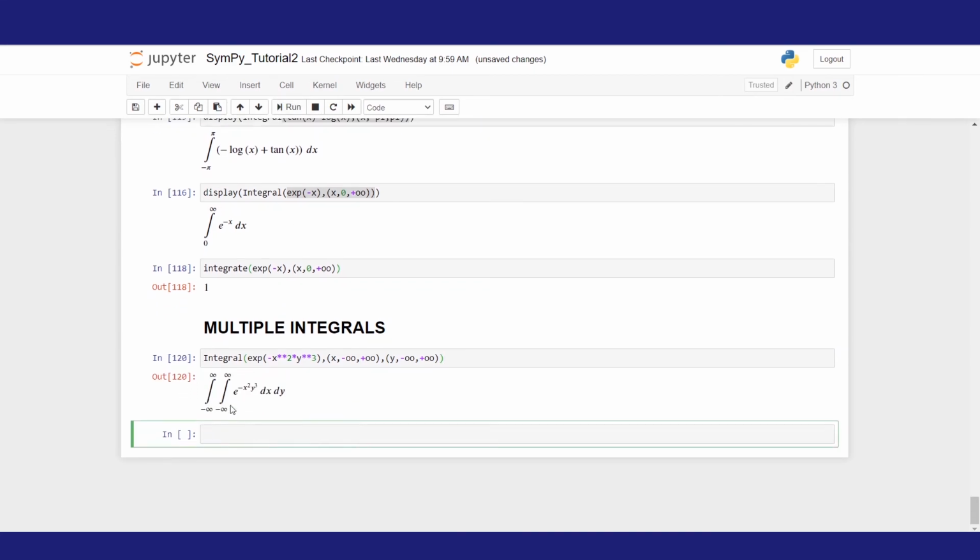Let's try to display this and see how it would look. It would look like this, integrating from minus infinity to positive infinity of this and that, dx dy. Okay, so the outer integral is for the dy, and the inner integral is for the dx, and that is due to the arrangement we have here.